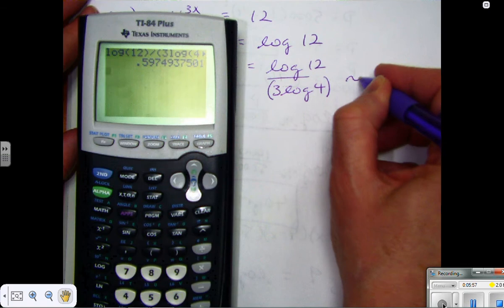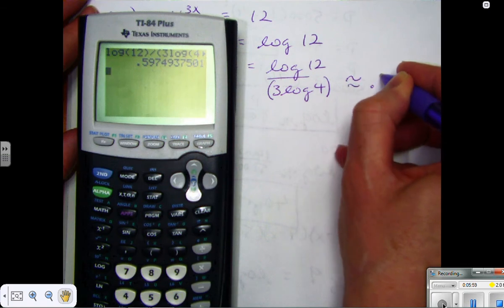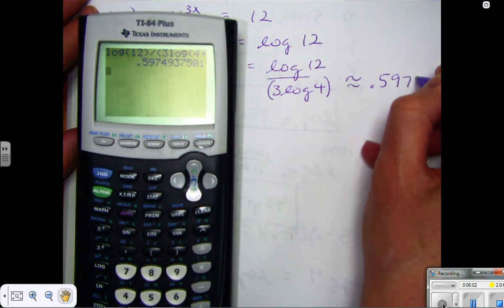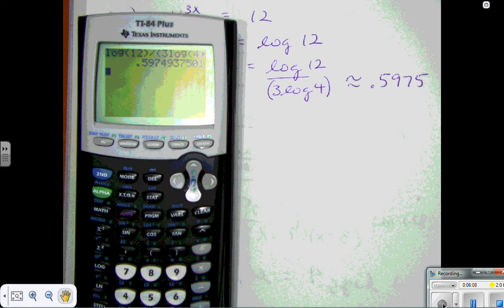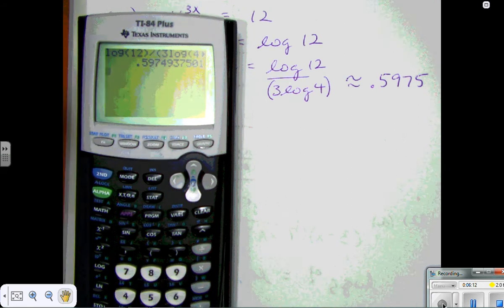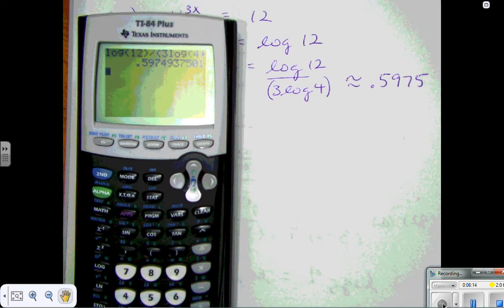And I'm getting about 0.5975. Are there any questions? Why does the 3x go on the other side? Because it's an exponent, and from the properties that we were using yesterday, you put the exponent in front of the logarithm.